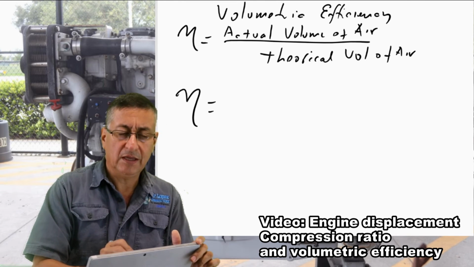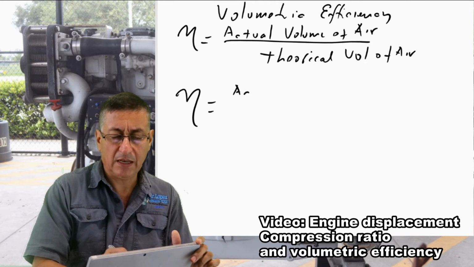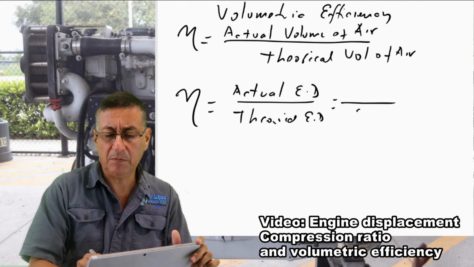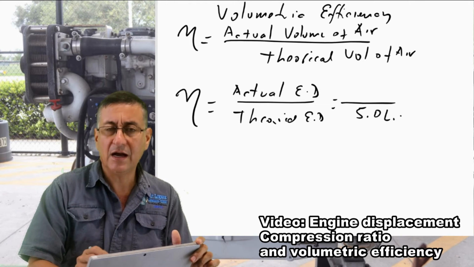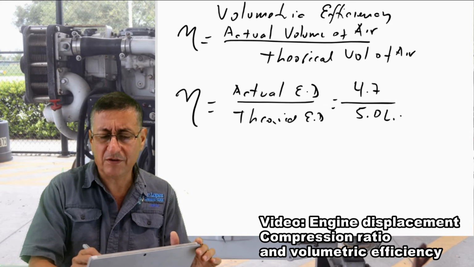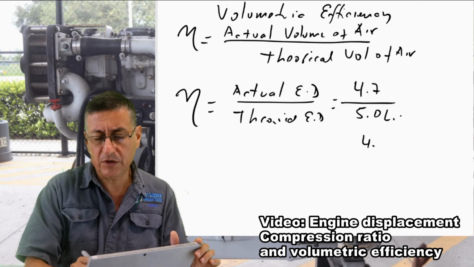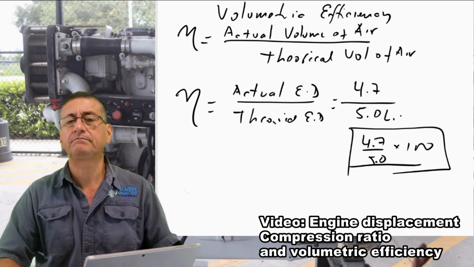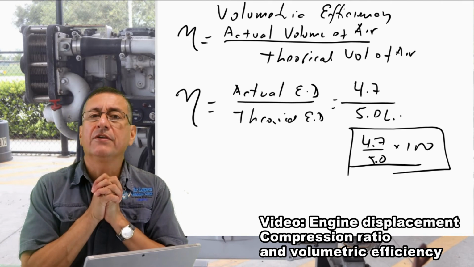In other words, the volumetric efficiency is the real engine displacement divided by the theoretical engine displacement. The theoretical engine displacement of this engine is 5 liters. But really, today, I only have 4.7. The volumetric efficiency is 4.7 divided by 5, times 100. This is volumetric efficiency.